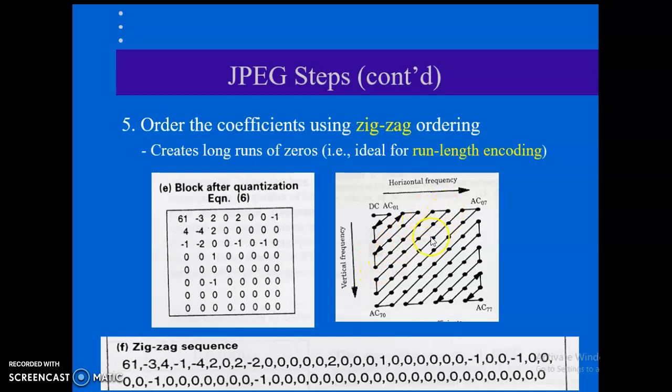So we reached here AC07, while reaching here, AC70. Like this, until we reach AC77. This is the zigzag sequence.